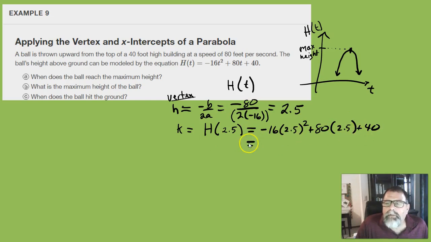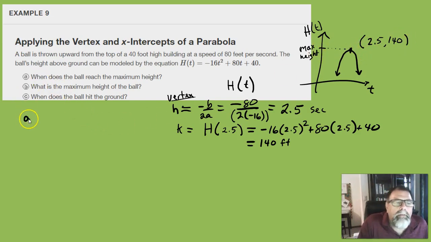So punch this in your calculator and you should get 140. And this is seconds, and this is feet. Okay, so that vertex is (2.5, 140). So the maximum height is the 140.